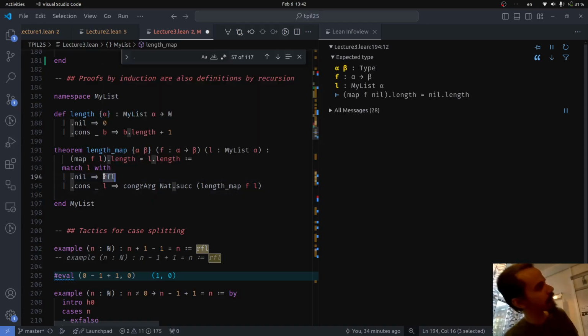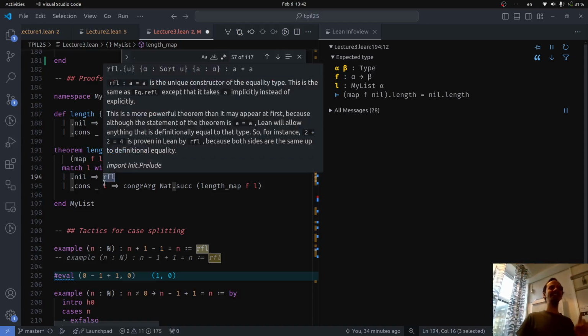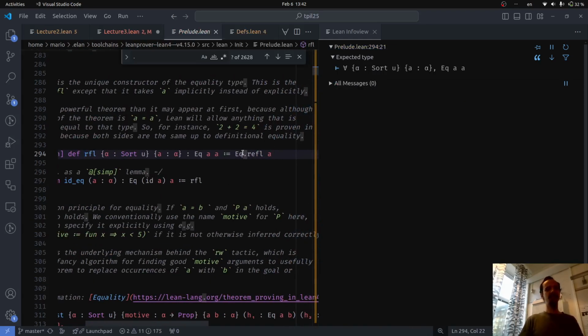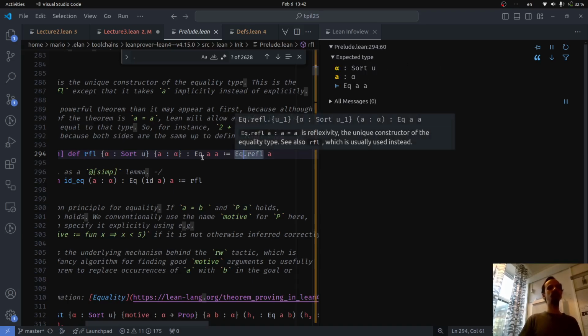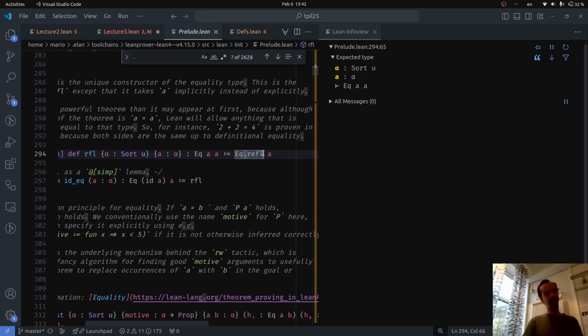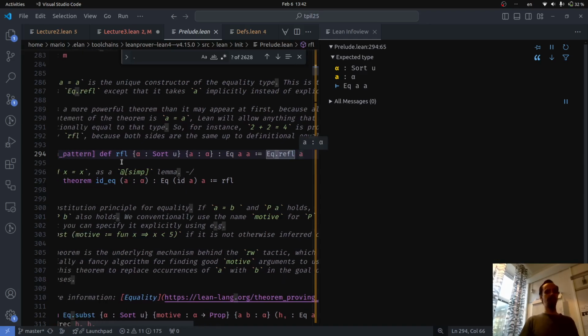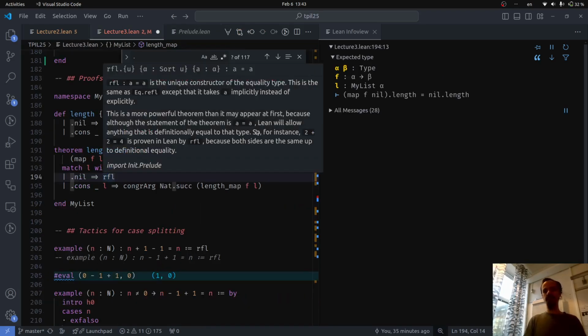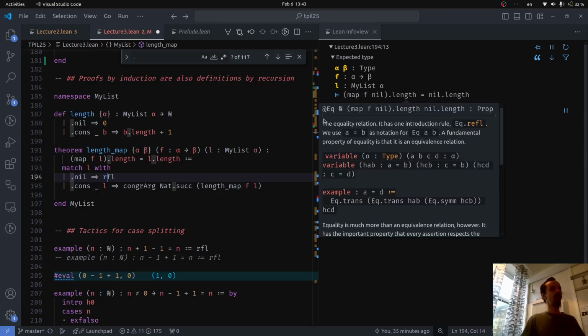You will be able to tell. So refl is both a tactic and a function. There is a definition in the global namespace called refl, and the actual constructor of Eq is called Eq.refl, and it also has an explicit argument a. refl is the short version of Eq.refl, and it takes a implicitly, so you don't have to supply it, and so you just write refl, and then it's proving anything is equal to the same thing.